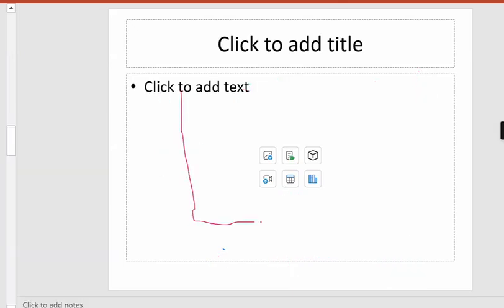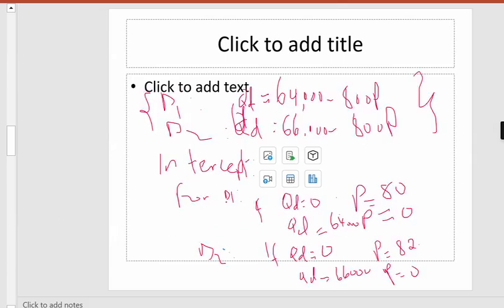Sawa? This is quantity. This is price. Unaonyesha zote ya D1 and D2, right? Remember here is 0. Sasa if P is 0, let's start for D1. Tuanze na hapa.